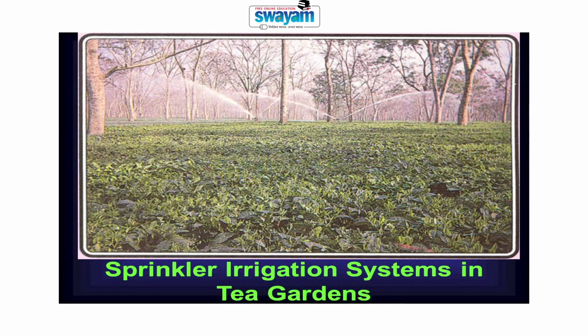The reason is these tea gardens were on undulating land, and irrigation through surface irrigation was very difficult. Farmers started using sprinklers for irrigating tea gardens. Slowly, this technology was extended to all field crops, and now it is one of the most popular irrigation systems in the country.